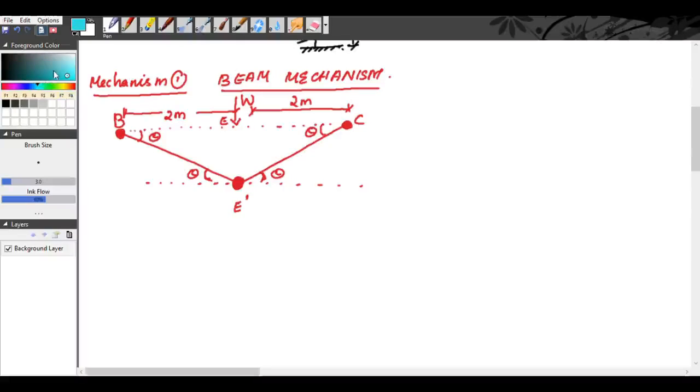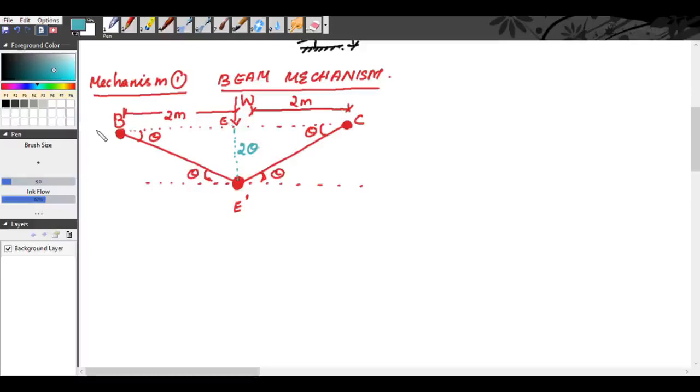Now we will see what this distance under the load is. This distance will be equal to 2 into theta, because you have to take tan theta. Theta is small, therefore tan theta is equal to theta. So you get this E E dash is equal to 2 theta.